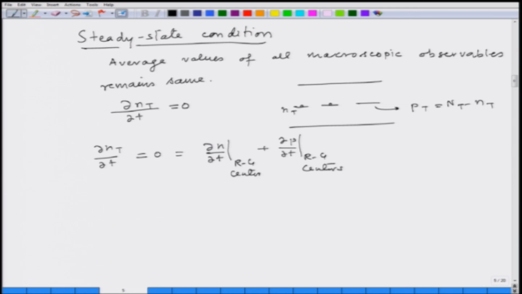So, that is the steady state condition. Now, if I apply the steady state condition to the R-G statistics, then we are going to have, in words, equal creation and annihilation of electrons and holes.